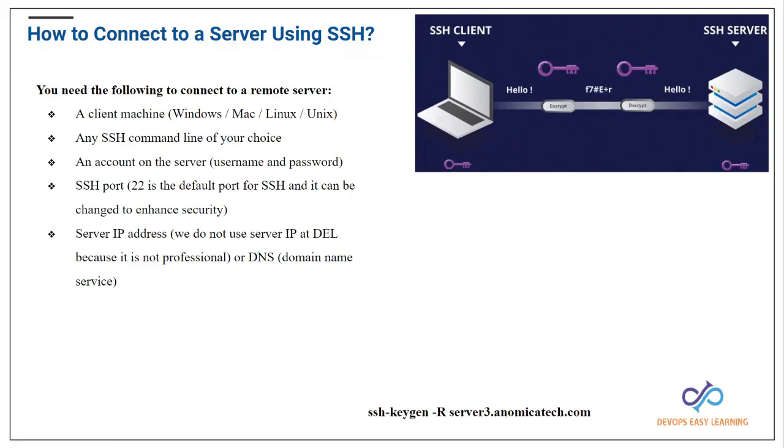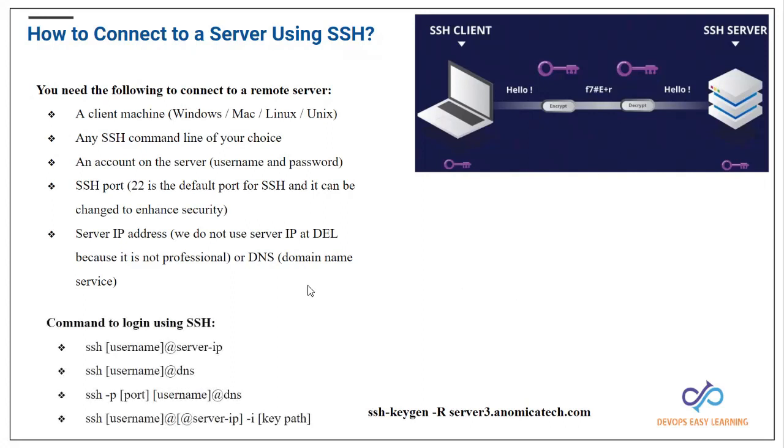We are going to use the public IP and also the DNS. The server that I have running is running in Azure. Now, let me go ahead and see. Here, this is the command that we can use to connect.